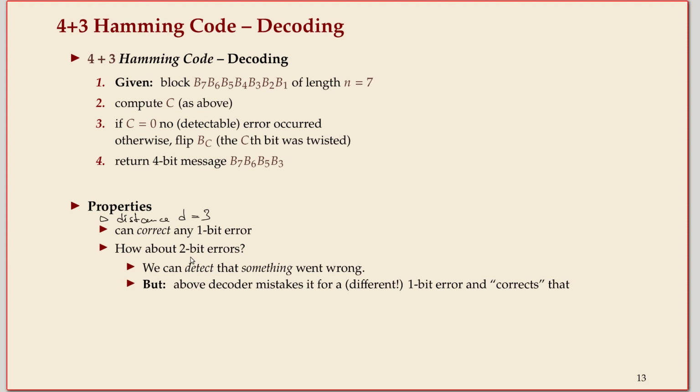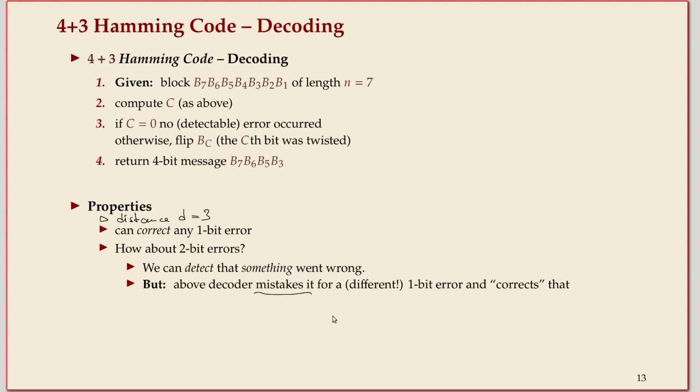And in particular, in our case, the decoding algorithm that we are using would actually mistake the 2-bit error as a 1-bit error of a different kind and correct the result erroneously to the message that would have led to this other code word, which is closer. So in that sense, this code cannot really detect 2-bit errors because it would detect that something went wrong, but it would interpret it as the arguably more likely 1-bit error. So that's something to keep in mind.